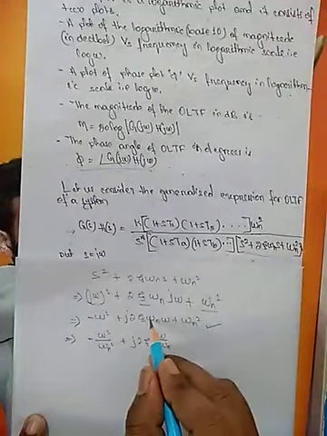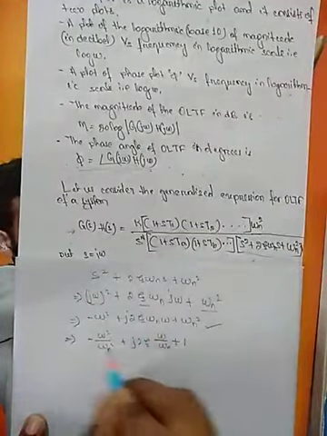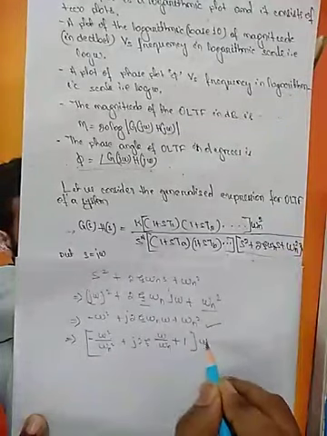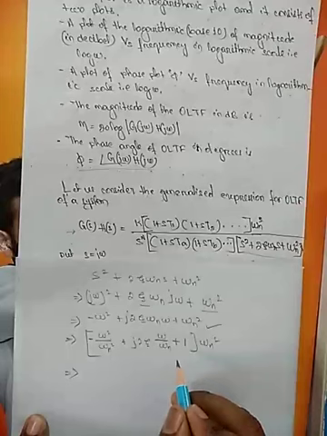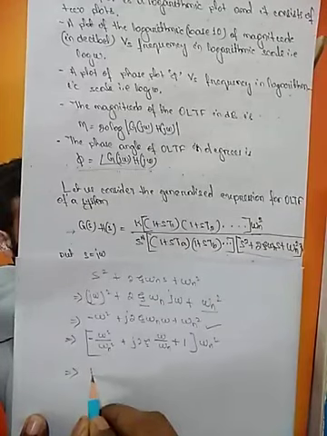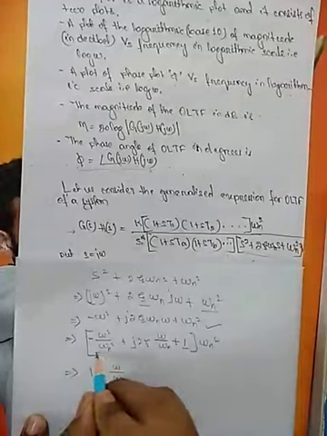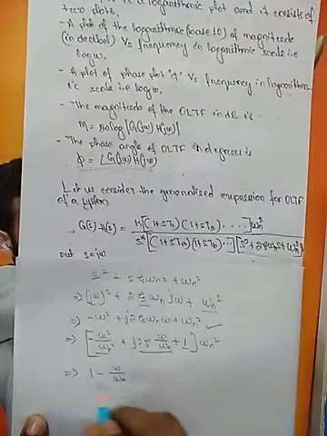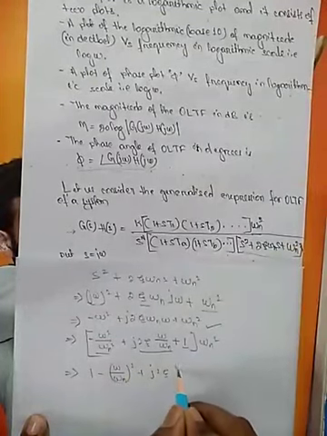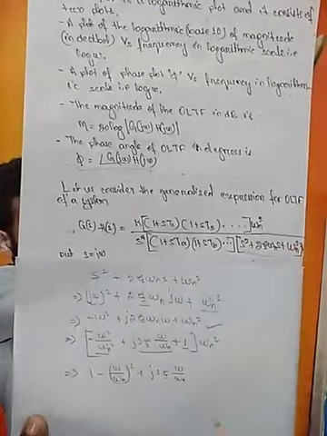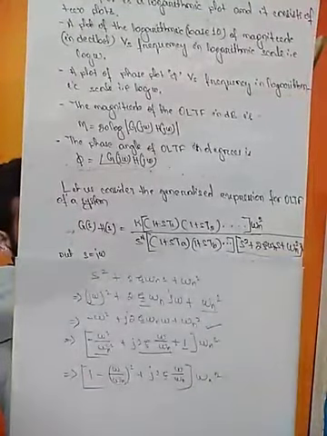One omega n cancelled out from this term. Or I may write, I separate real and imaginary part. This is the real part, this one is the imaginary part, into omega n square. You get this equation.